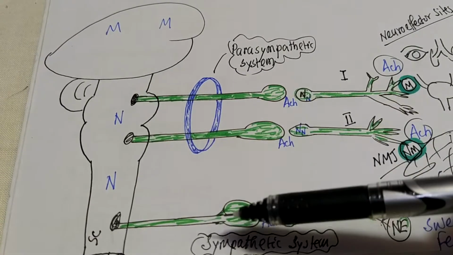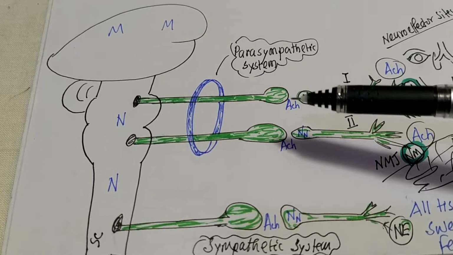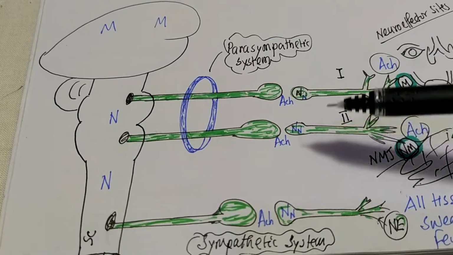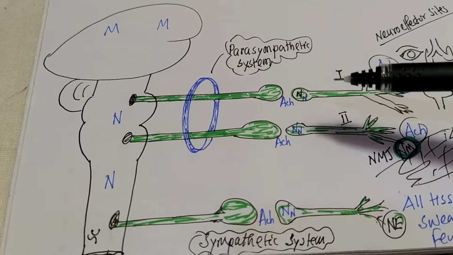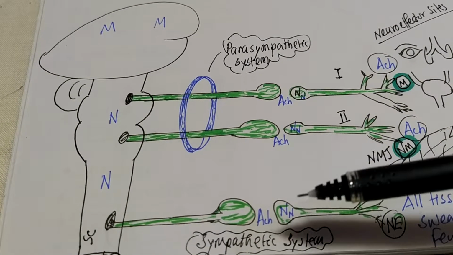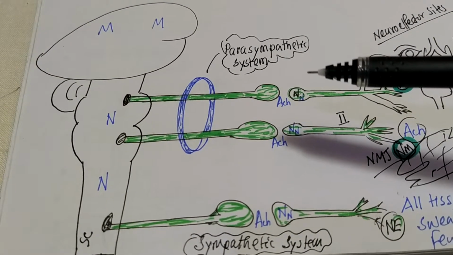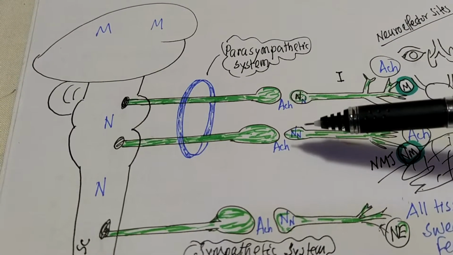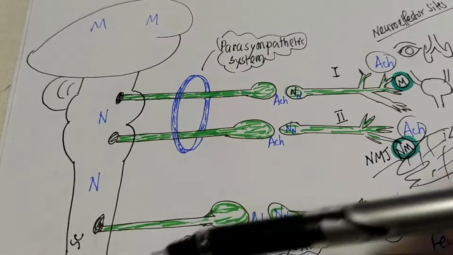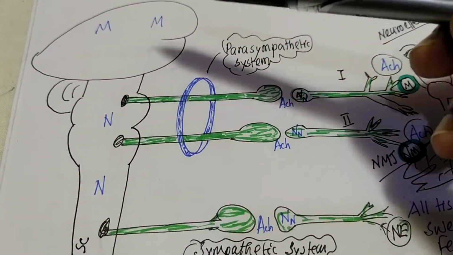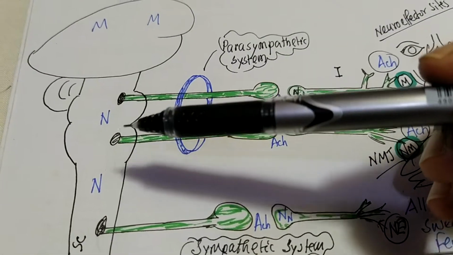These preganglionic fibers meet with postganglionic fibers, and the meeting place of preganglionic and postganglionic fiber is called the ganglion. What is a ganglion? A ganglion is nothing but a collection of cell bodies outside the central nervous system, and the collection of cell bodies inside the central nervous system is called a nucleus.